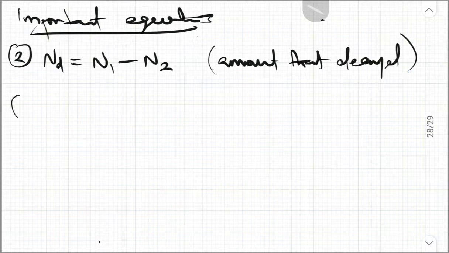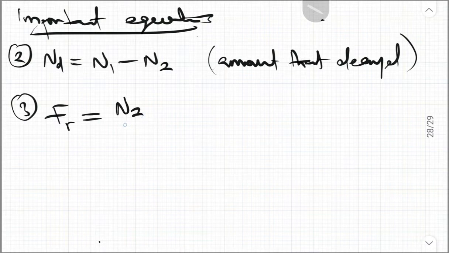Okay, so the third equation is the fraction that is remaining. The fraction remaining will be the amount that is remaining divided by the initial amount. So the amount remaining, which is N2, divided by the initial amount we started with, which is N1. All right, so take note of this.